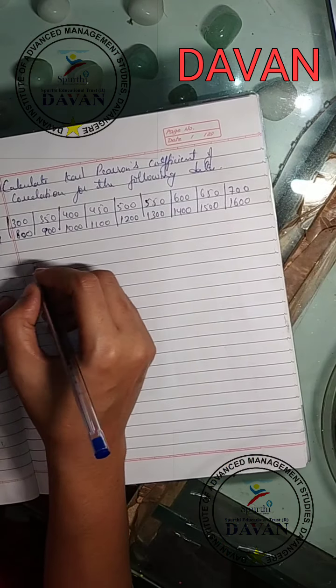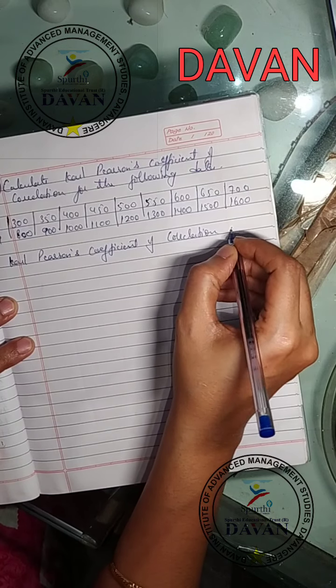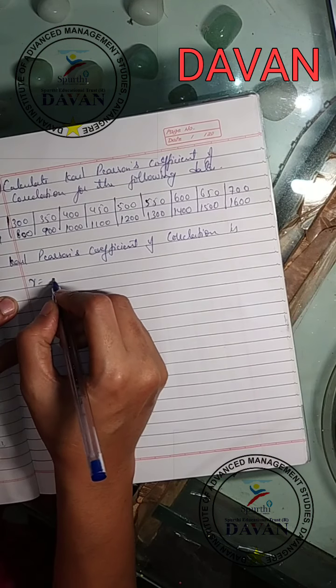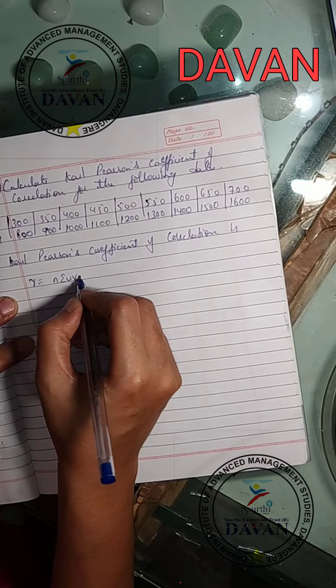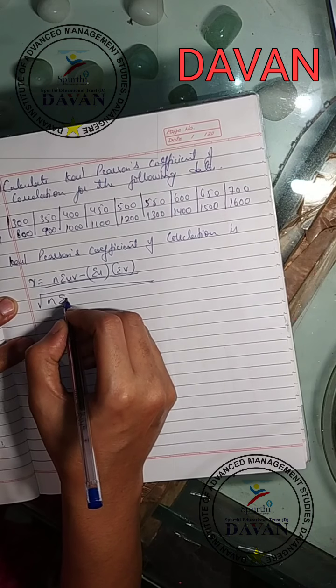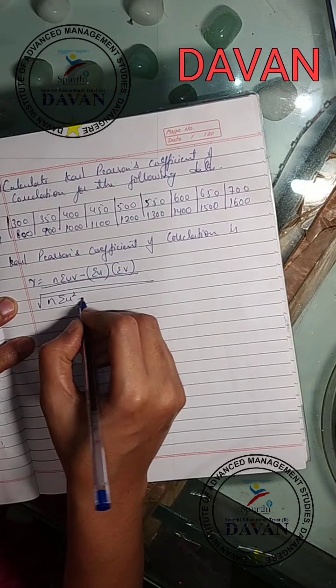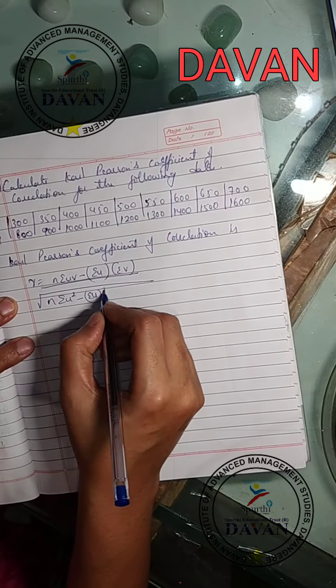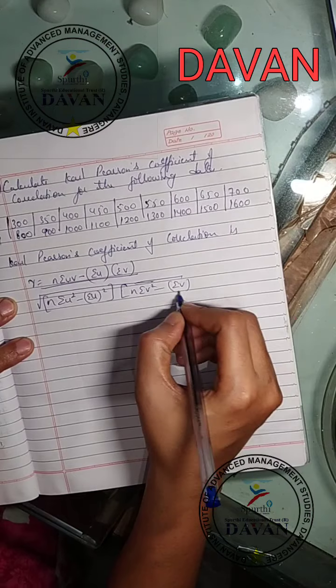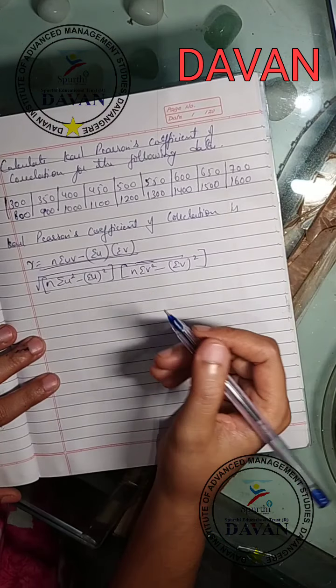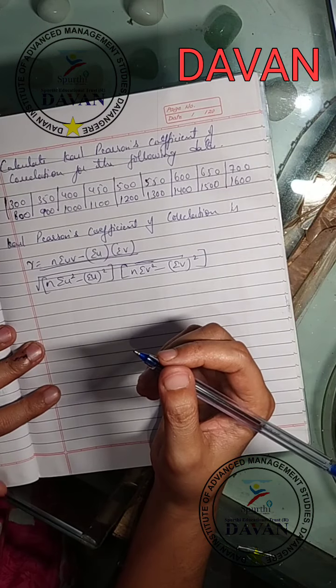So Karl Pearson's coefficient of correlation is n into summation uv minus summation u into summation v whole divided by square root of n into summation u square minus summation u the whole square into n into summation v square minus summation v the whole square. Now what is uv? You are supposed to find that out.